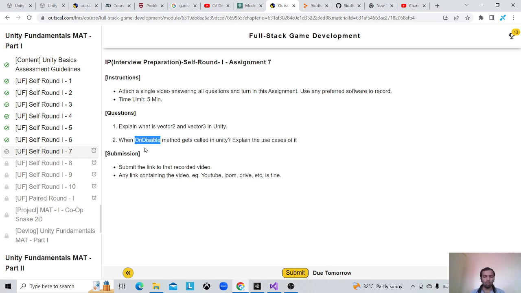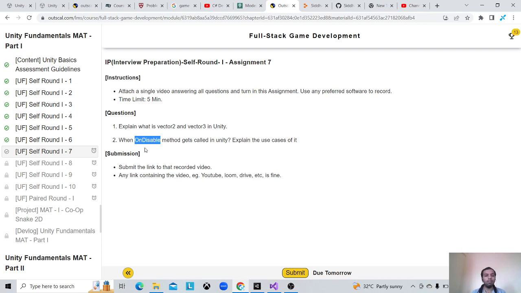Let's say there are 4 or 5 enemies in the level and we are not destroying them, we are disabling them for certain reasons, maybe because we want to use them later in the game. But when they get disabled, we want to reduce the remaining number of enemies in the level.